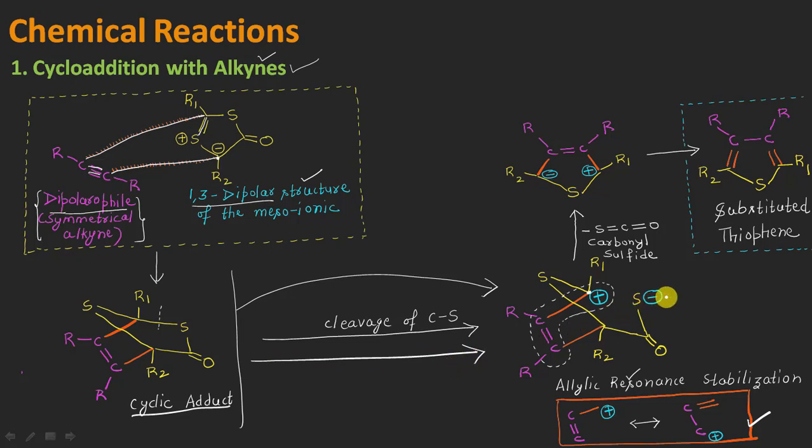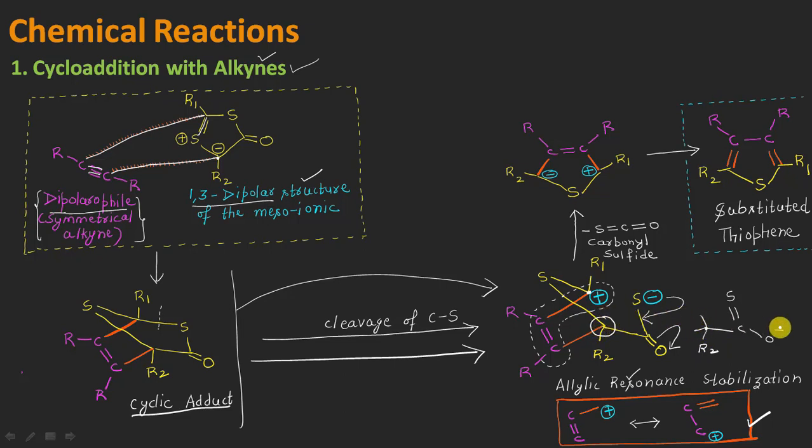Such that now what is going to happen next is that this negative charge will come here in between, sending these electrons onto the oxygen atom, such that we will now be having a sulfur double bond carbon single bond oxygen negative, and this is the bond with this carbon atom on which R2 and some other groups are attached, right?